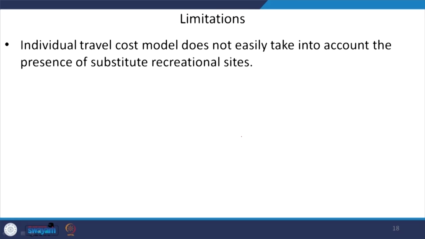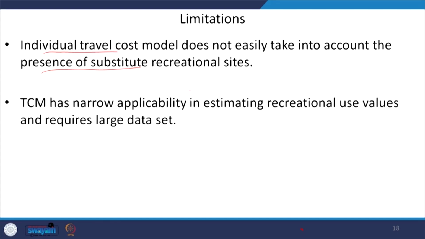The individual travel cost model does not take into account the presence of substitute sites, because we understand that there may be some choices, and the model does not successfully deal with the presence of substitute sites.